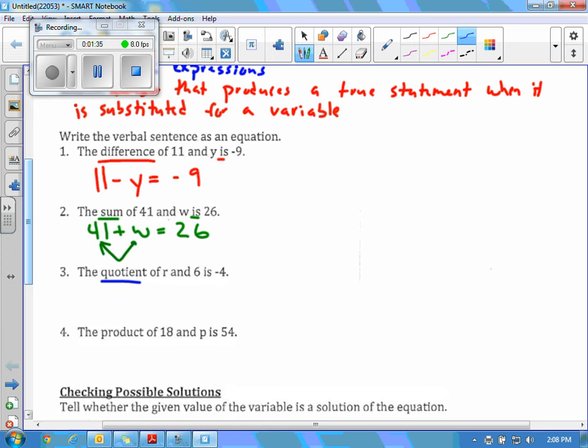We write division as a fraction, so that's r over 6 is an equal sign and then negative 4. And then for number 4, it says the product of 18 and p, product means multiplication. The product of 18 and p, just write it together, don't actually put a multiplication sign, is the equal sign, so is 54.